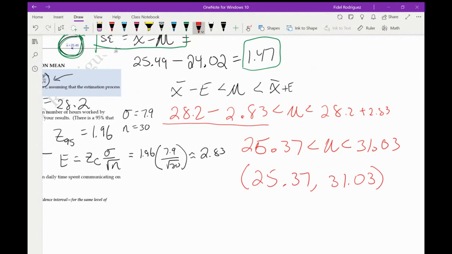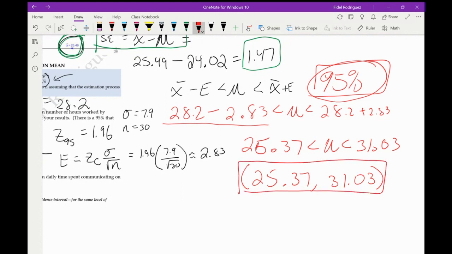The way MyMathLab will ask you is, we can say with a 95% confidence level, because we used a 95% confidence level, that the population average is going to be somewhere between 25.37 and 31.03. And that's the process on how we find confidence intervals.